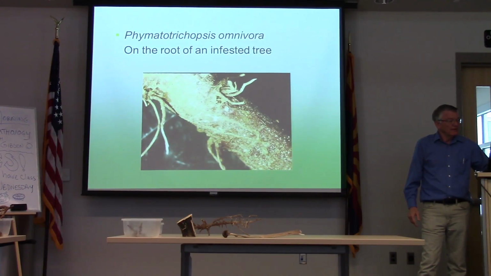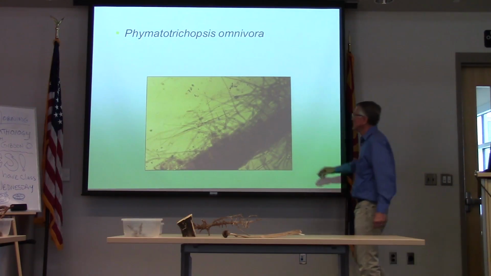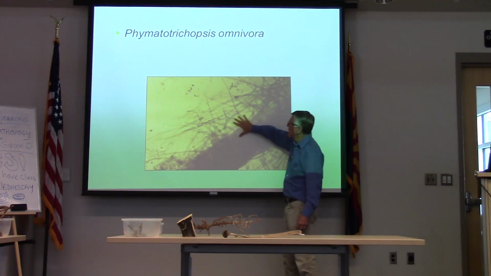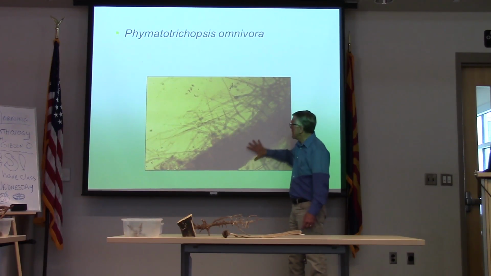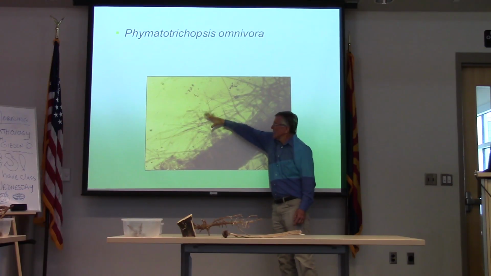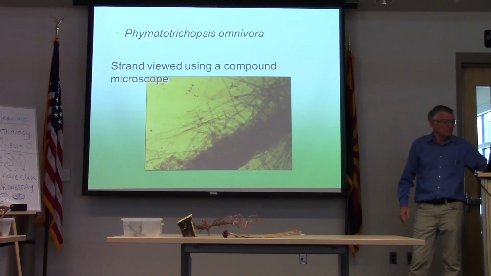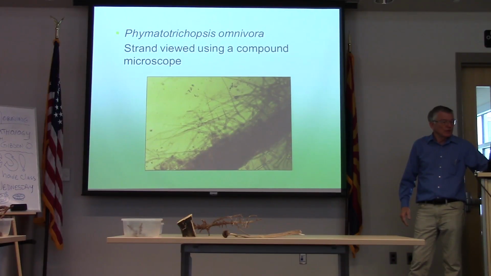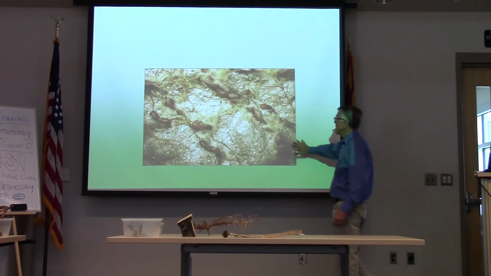It is on the root of an infested tree. Here it is, looking at it under a compound microscope in a water environment, and we'll see these fungal strands coming out from the root and actually out in the environment around the root. Strands viewed using a compound microscope. This is the fruiting spore mat.